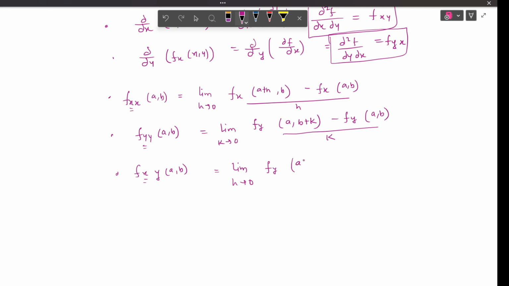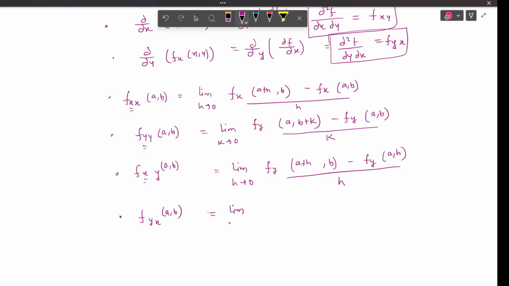So f_y(a plus h, b) minus f_y(a, b) upon h. And f of y x at (a, b) would be, don't confuse, this is not multiplication, this is inside the function.